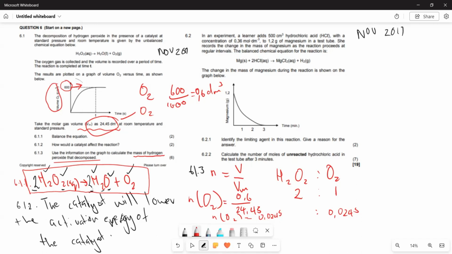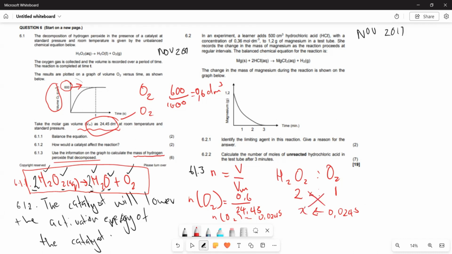So if 1 mole of your O2 is represented by 2 moles of your hydrogen peroxide, what you're going to do here is multiply by the 2, to get to this 2. Or rather, you can simply make this your x and cross multiply.